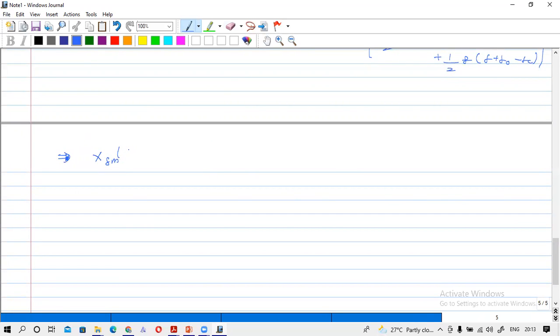frequency spectrum for frequency modulated signal.